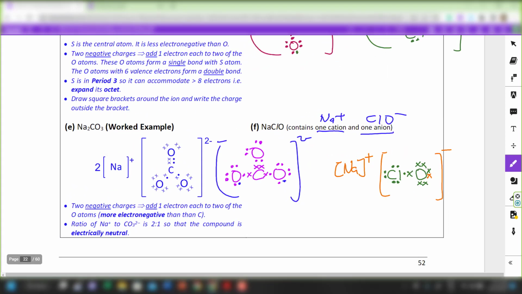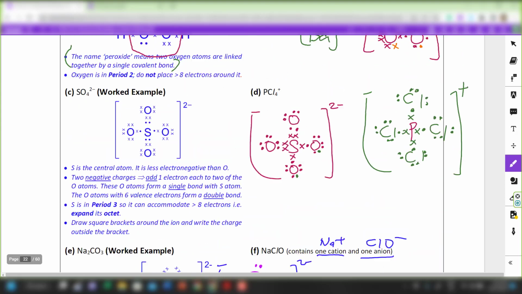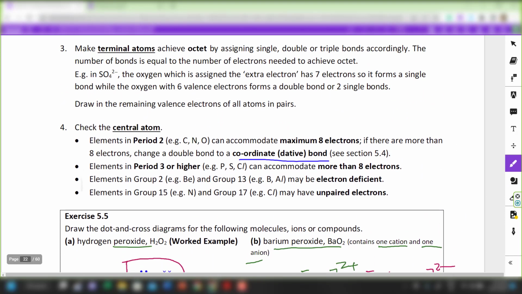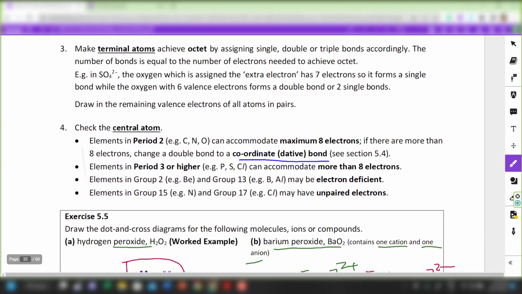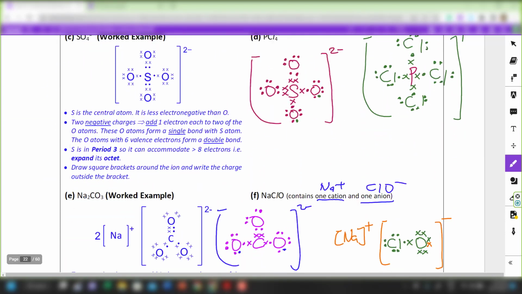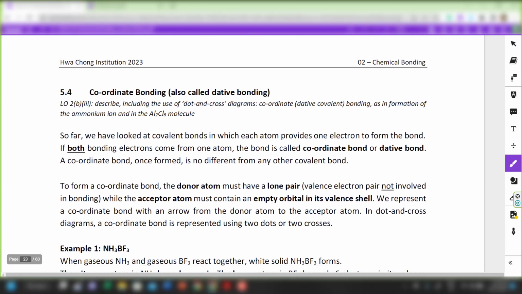You need to have seen enough of these kind of structures in order to get things right. So at this stage, it might be a bit confusing. You might be thinking, how do I know who will take on the extra electrons? Yeah, so whenever in doubt, just go back to some of these guidelines, or you can practice more, because once you are more familiar, everything just comes quite naturally, so not to worry too much.